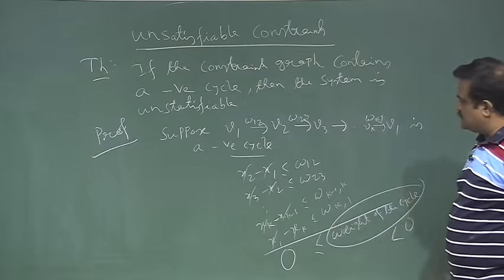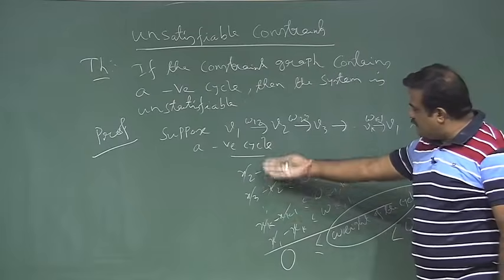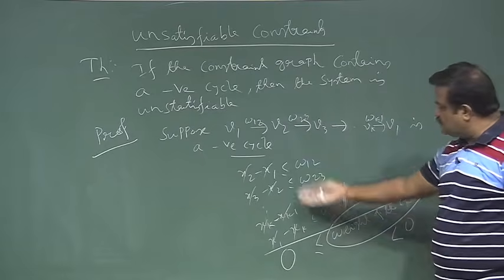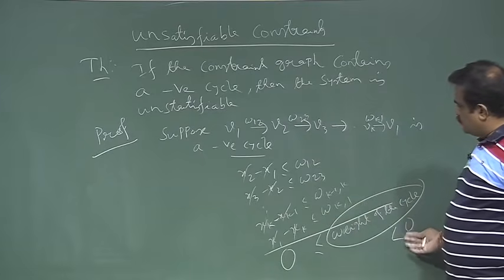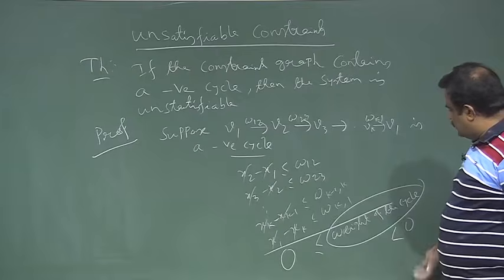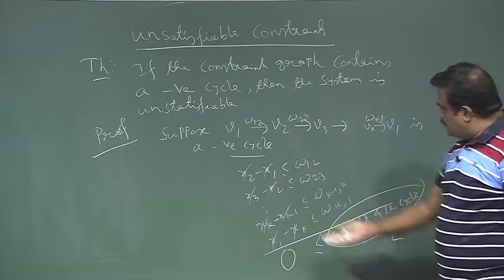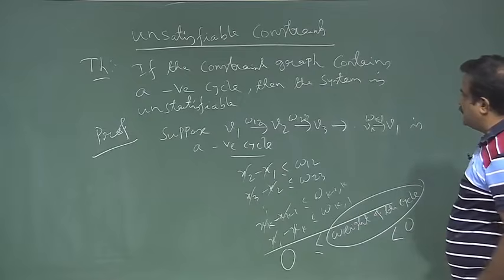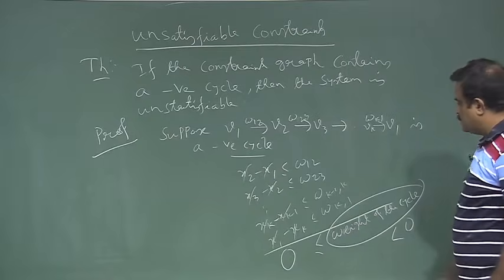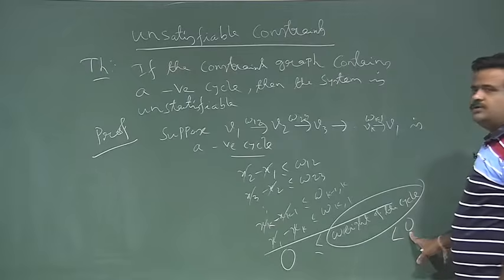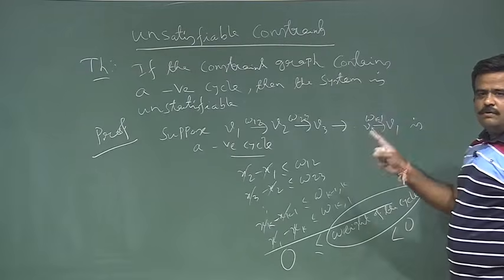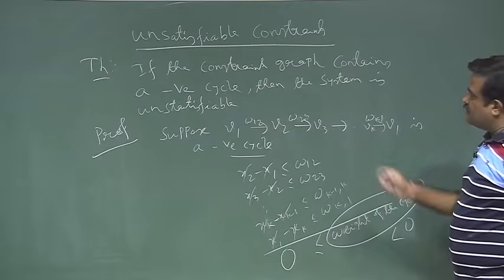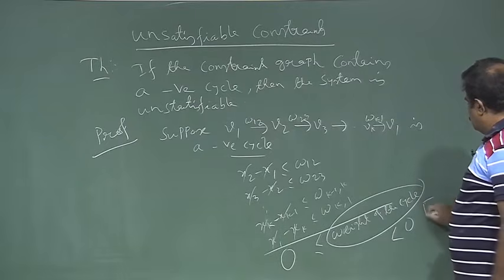So this is the contradiction. That means we are not having a solution for this system of constraints. If we had a solution, we should not reach this contradiction. There are no values of xi that can satisfy these constraints, because the left side is 0 and the right side is negative, which is not possible. This is the proof by contradiction.